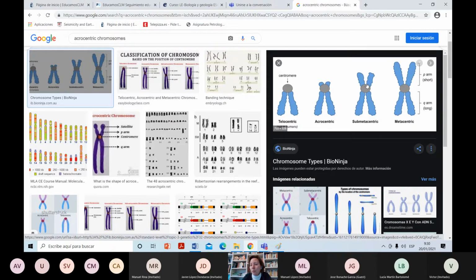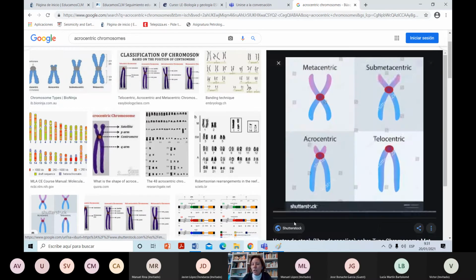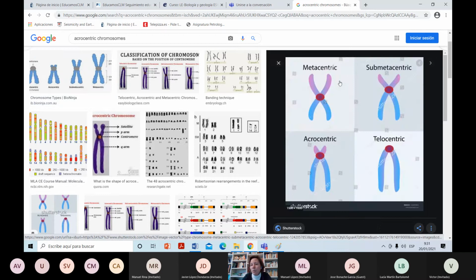Submetacentric is almost in the middle, but one arm is a little bit shorter than the other one. Acrocentric is much smaller, one arm much smaller than the other one, and telocentric has no tiny arms. That would be the difference. You can see different examples, but it's always the same. The difference is based on where this central part is located.